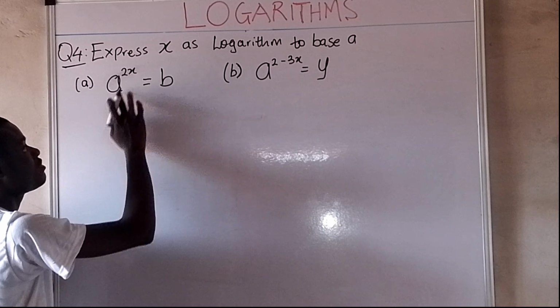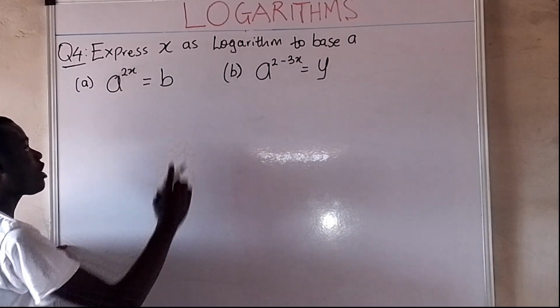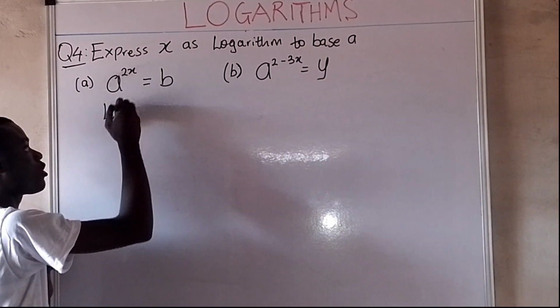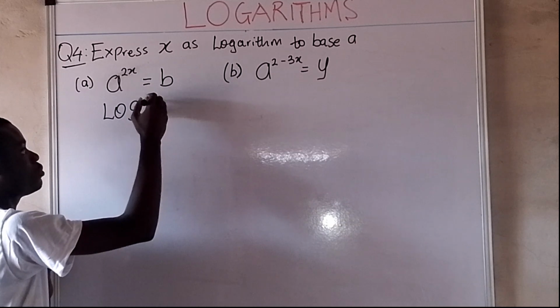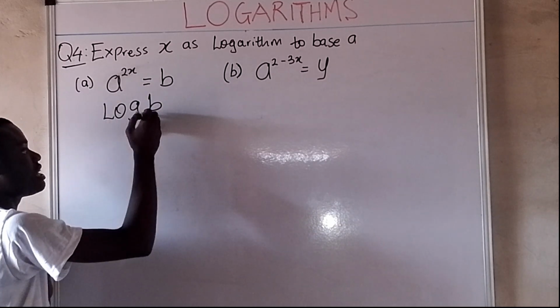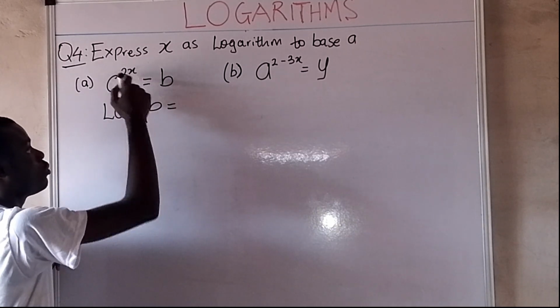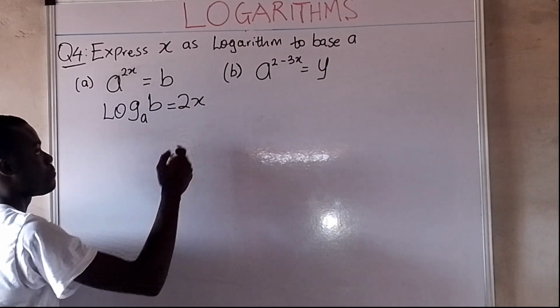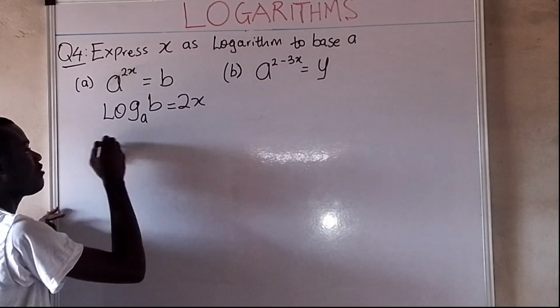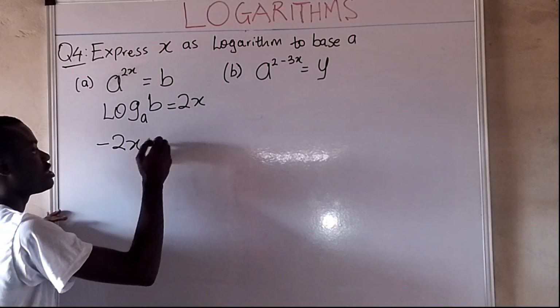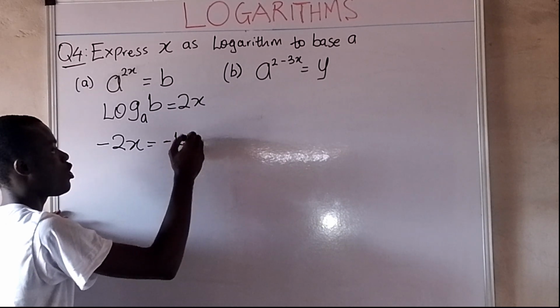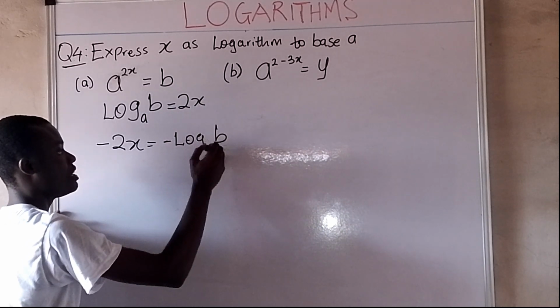Now we have it that a raised to the power 2x is equal to b. In logarithm, I'm going to write it as log of the number, which is b, to the base a is equal to the power, which is 2x. So I can swap their position and have it as minus 2x is equal to minus log b to base a.